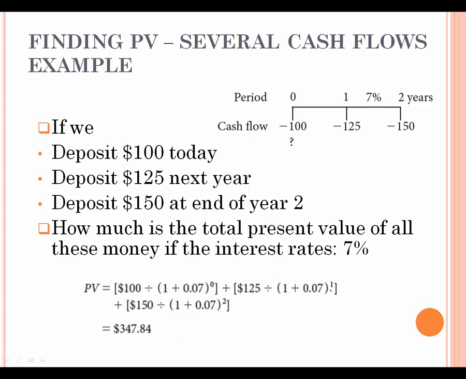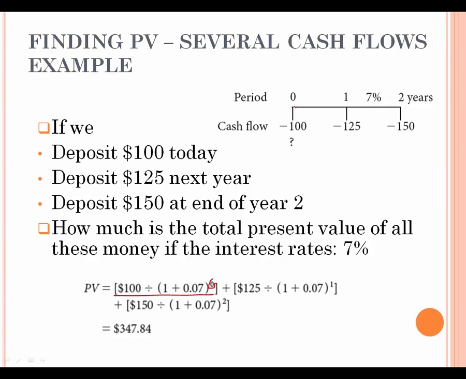So according to that idea, if you deposit $100 today and $125 one year later and $150 two years later, now you want to calculate the total present value instead of the total future value. You just need to discount every one and get the total discounted value, or say the total present value. So $100 divided by 1 plus i to the power of 0. It is 0 here because this cash flow occurs today.